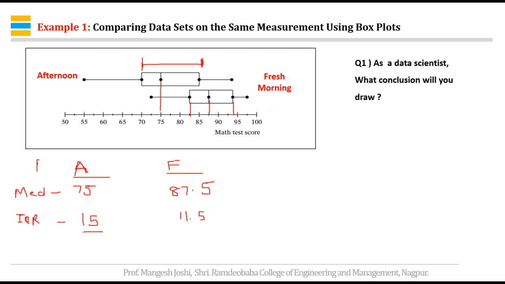And if you observe the skewness of both distributions or box plots, you can see that both distributions are right skewed, right? So in this way, we can conclude that the fresh morning tests give you more score in the mathematics examination.